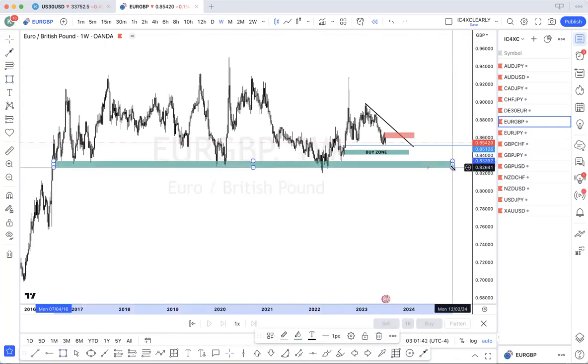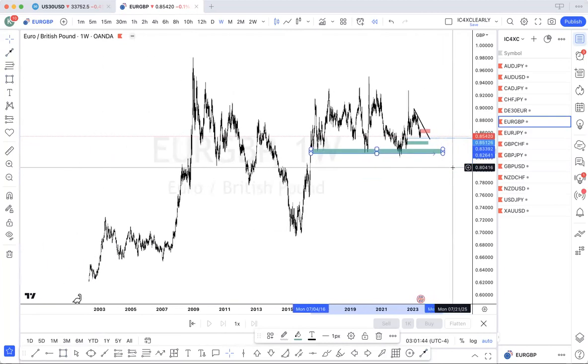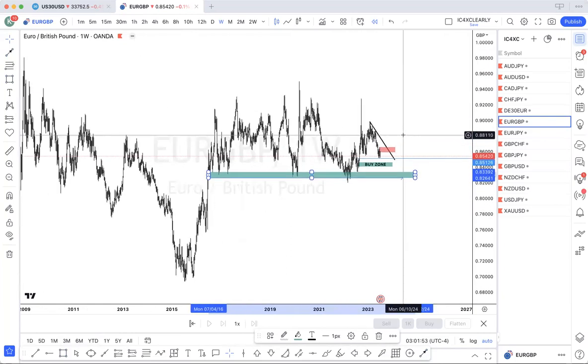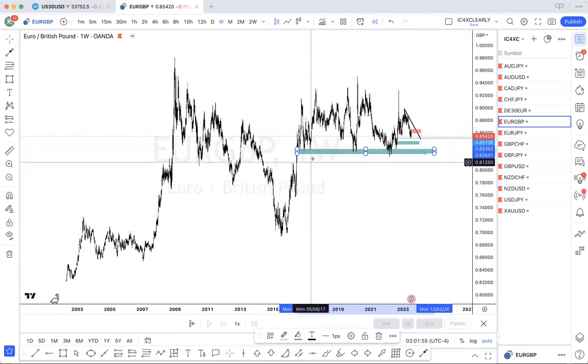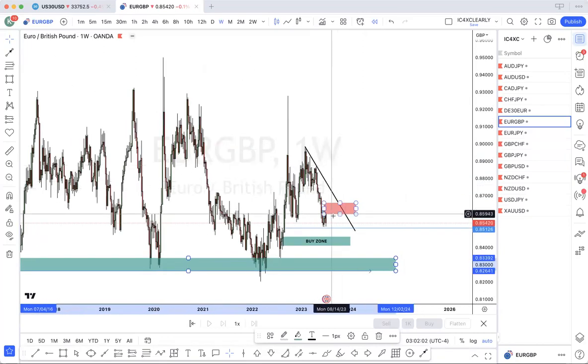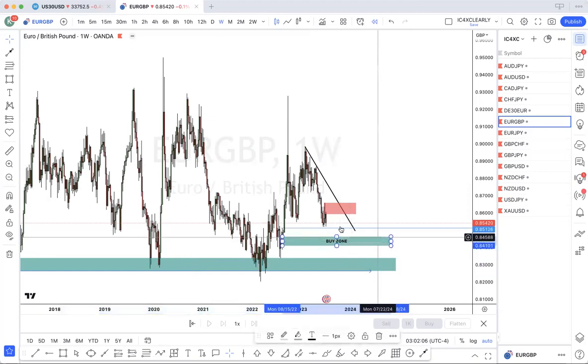Okay. So even with these pullbacks and the pullbacks and the pullbacks, price is ultimately still bullish. So this could pull back to this zone here, as we stated, or it could pull back deeper into this key level, or it can break this key level.